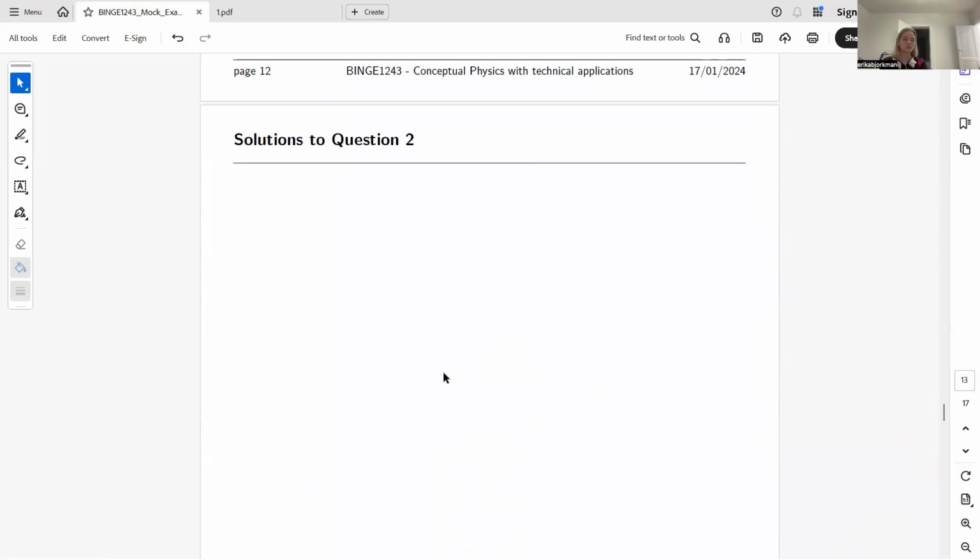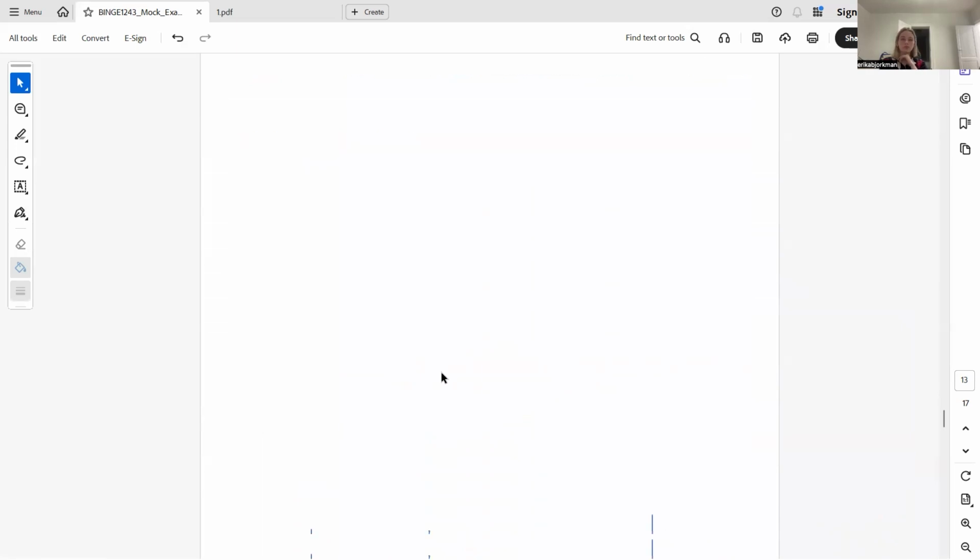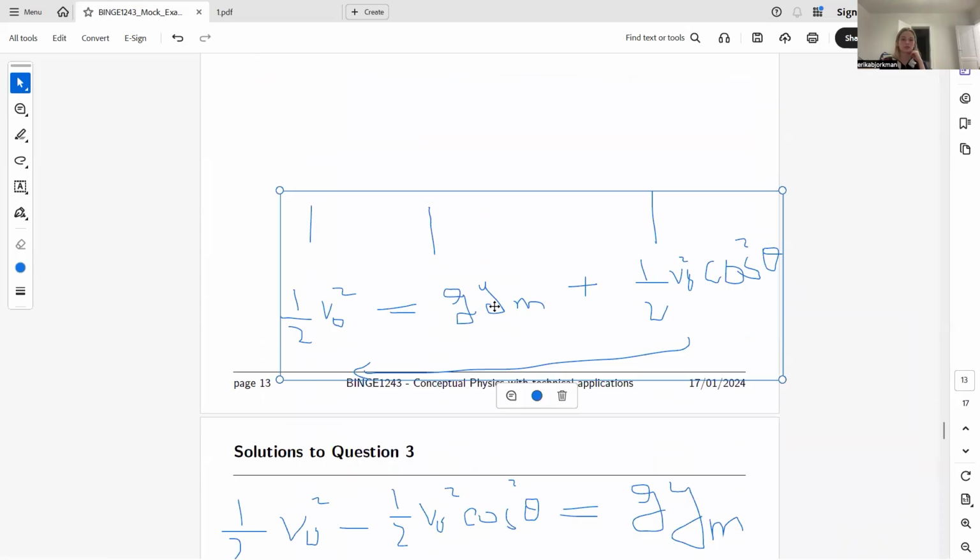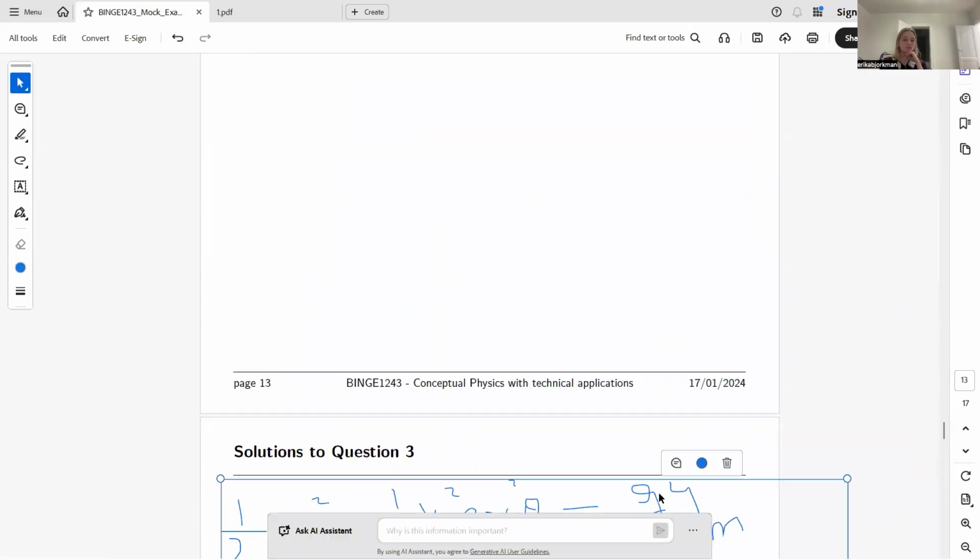Then we need to understand that for range we have the formula V naught square over g sine 2 theta. So the value of the initial velocity and gravity will matter in this case. So we can use these factors to calculate its range formula by using dimensional analysis. Such considerations you need to keep in your mind at that time.